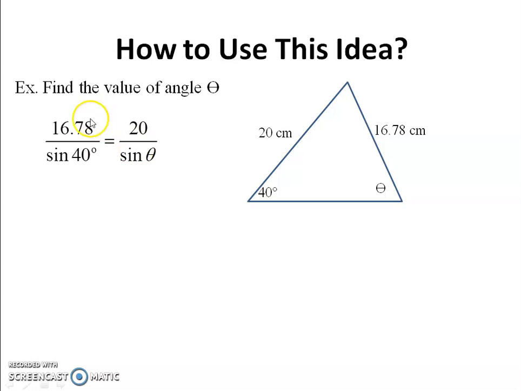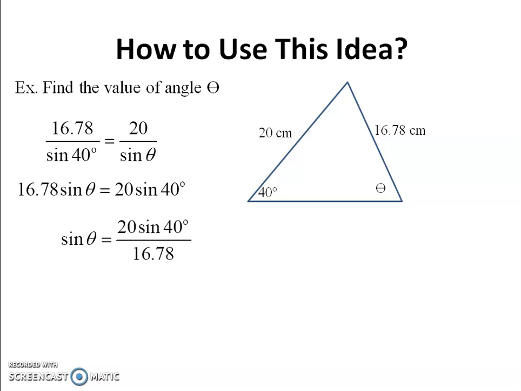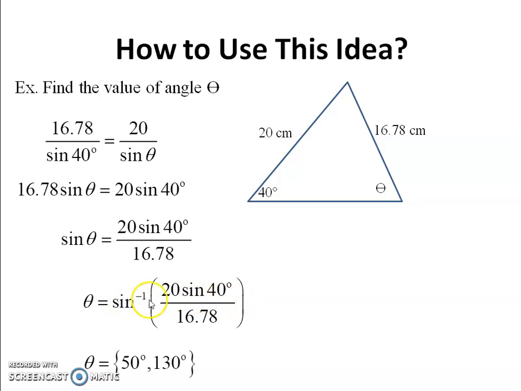As long as you're consistent, with both sides on top and both sine angles on the bottom, or both sine angles on top and both sides on the bottom, that's still going to work. I would cross multiply, and I get down to a point where I have to take the sine inverse. That's the one that's going to have two different answers. When I do this, my calculator tells me that the answer is 50, but I know that there could also be 130.